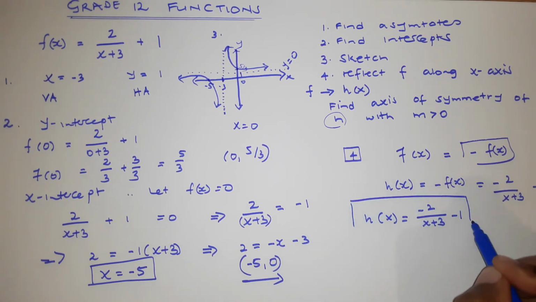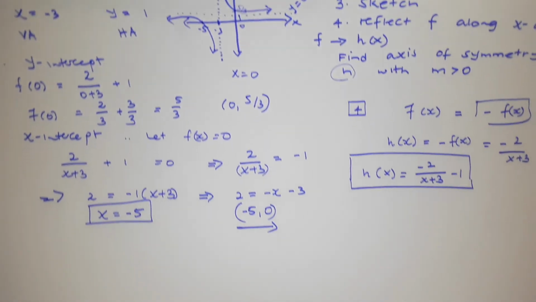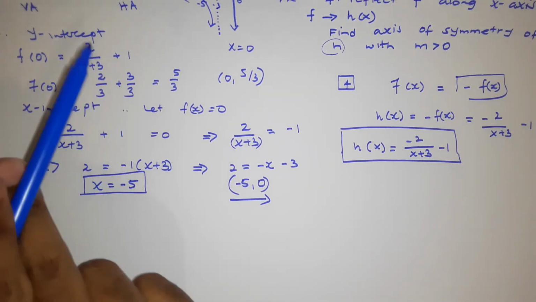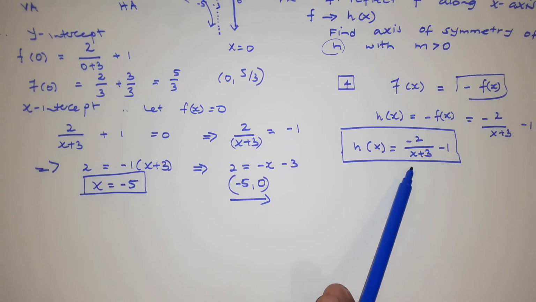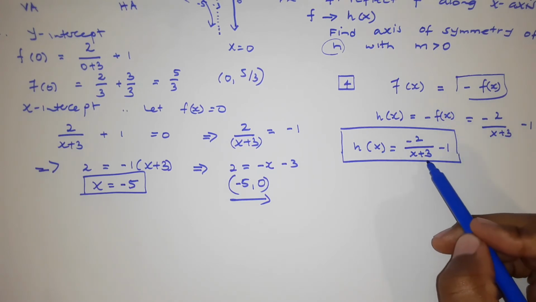For this function, we are requested to find the axis of symmetry with a positive gradient. Looking at h of x and f of x, what has changed is that the vertical asymptote has not changed.